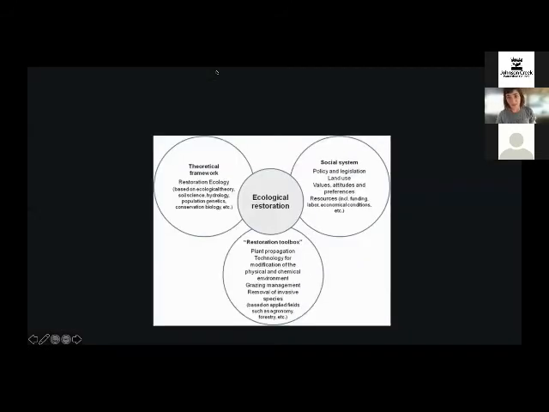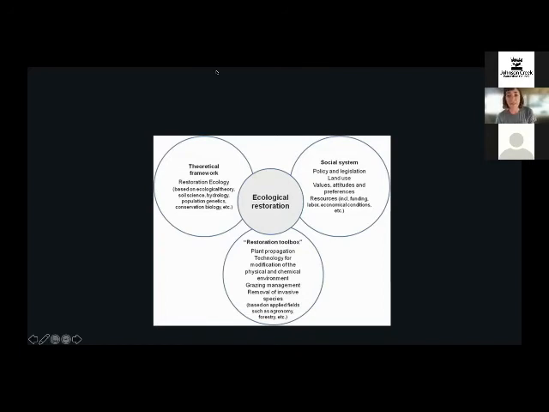So as you are all aware, ecological restoration is really sort of a 3-legged stool. There's the theoretical framework behind what we do and why we do it. There's the toolbox, which is the restoration strategies that we use, things like specific tools for managing invasive species or plant propagation, soil restoration.